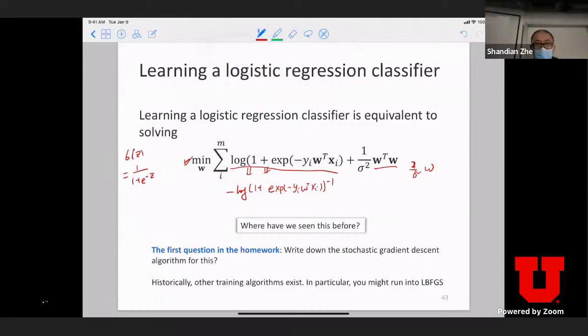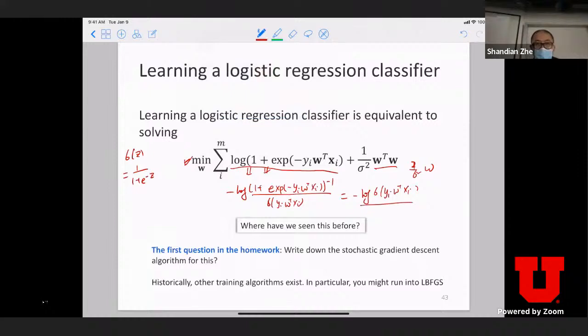So this guy is a sigmoid. So actually your logistic loss, for each example i, is essentially minus log sigmoid of yi w transpose xi.